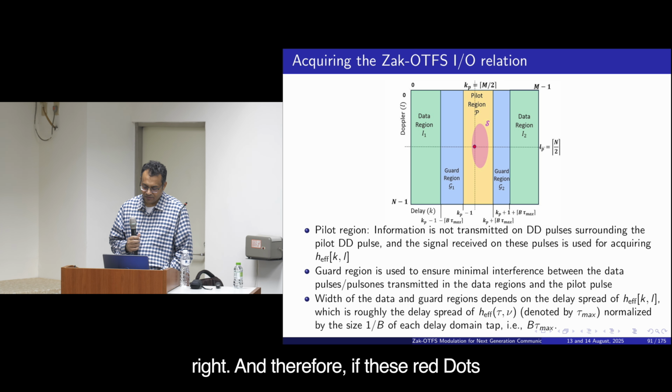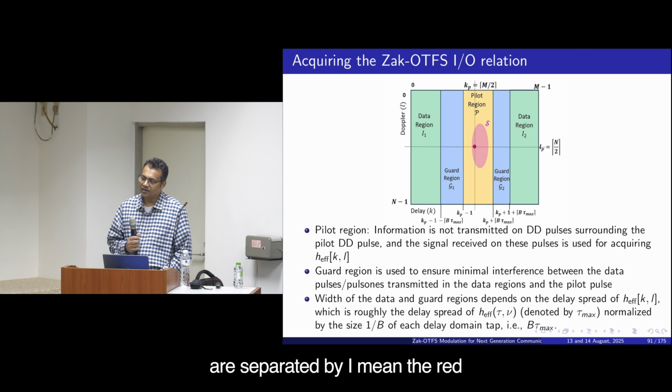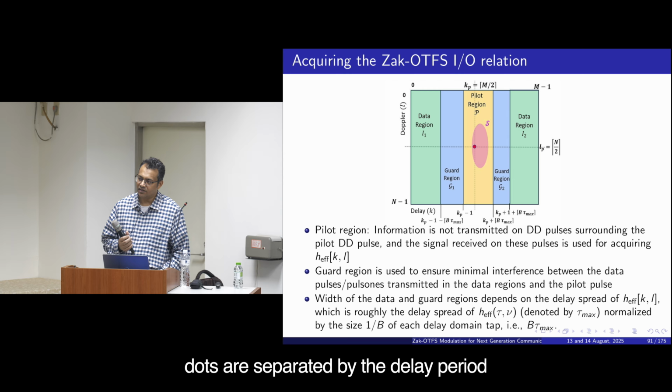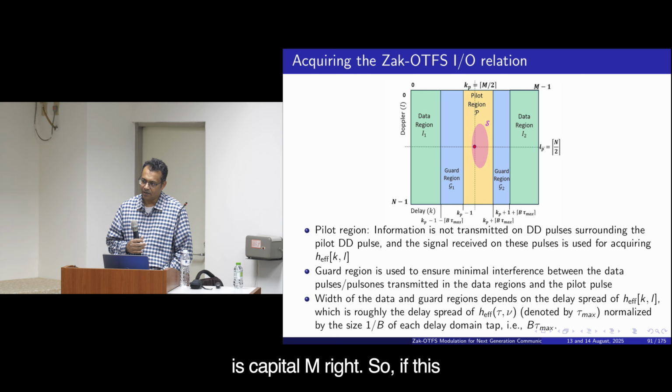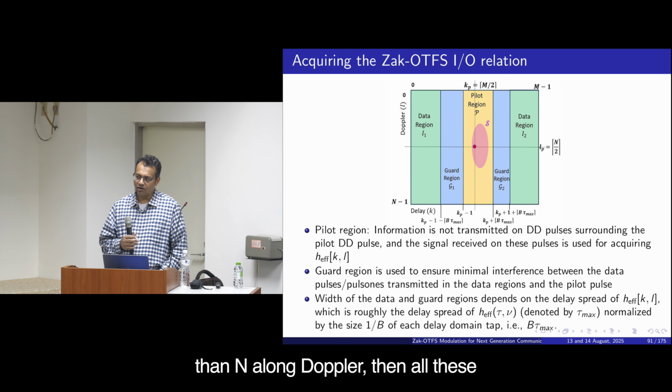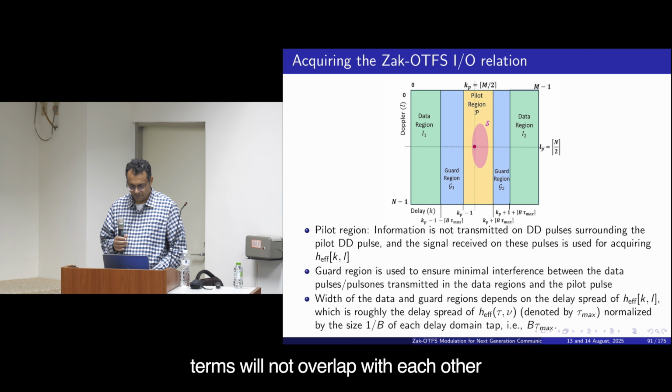And therefore, the red dots are separated by the delay period. In the discrete domain, the delay period is capital M, right. So, if this spread of H effective is less than M along delay and it is less than N along Doppler, then all these terms will not overlap with each other.